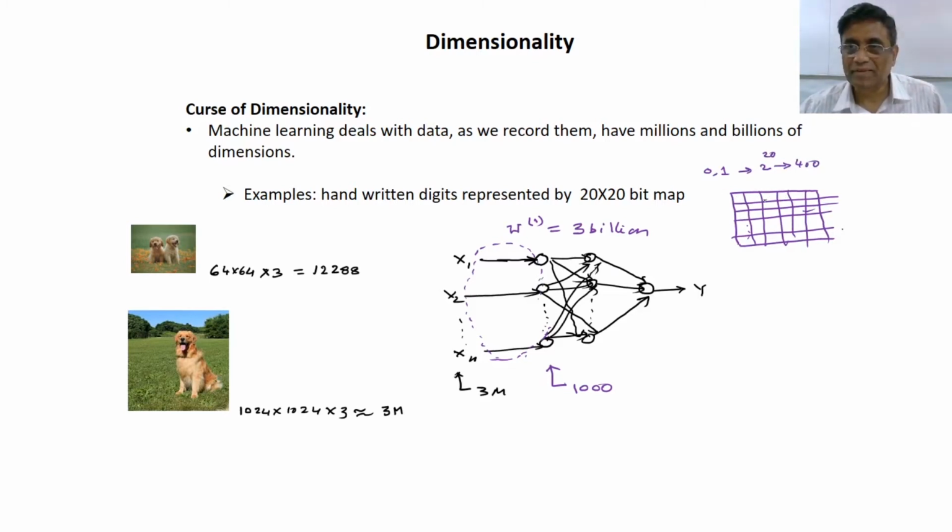And whatever you write, for example, I am writing a handwritten 2, these pixel values will be 1, others will be 0. So the dimension is really big, 400, 3 billion, all kinds of things, simply just to represent and process a little bit of the represented feature.